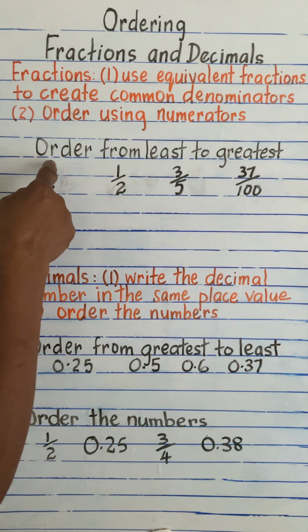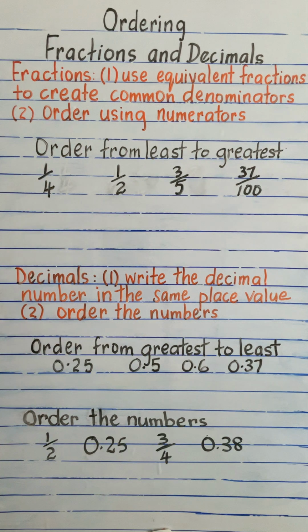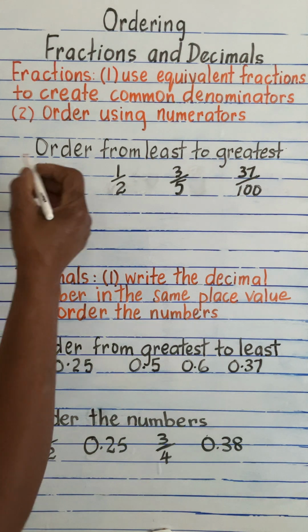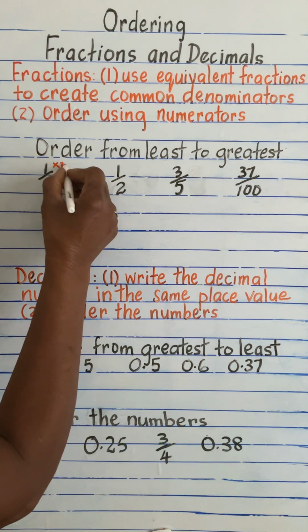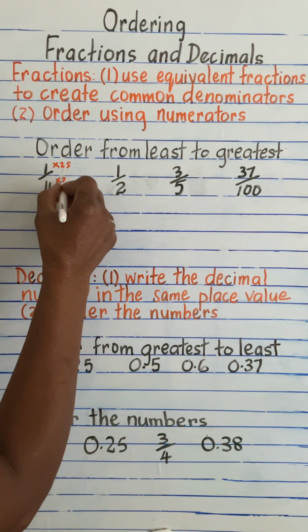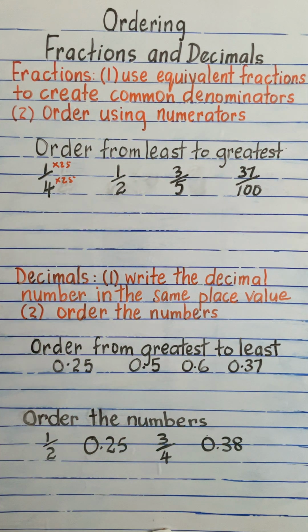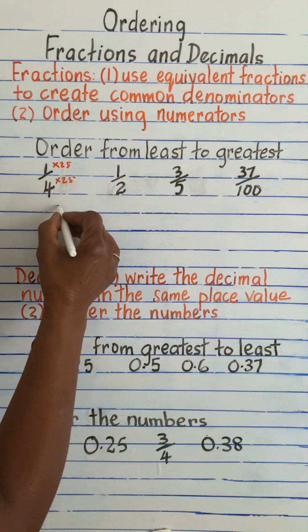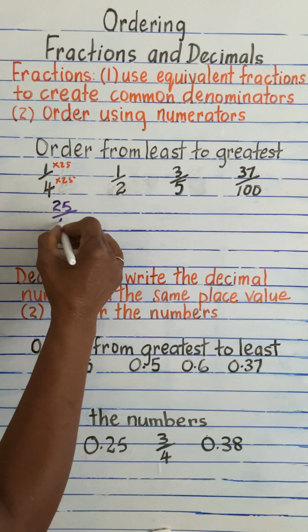So we're going to multiply by 25, multiply by 25, and we will get 25 over 100.